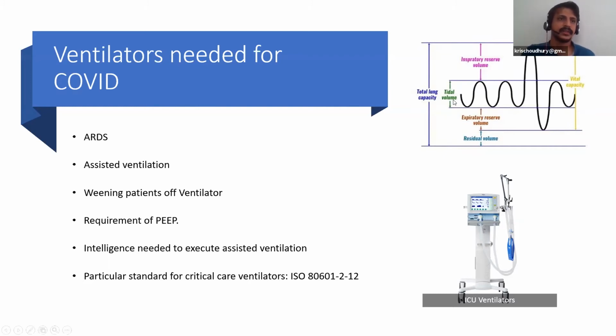So basically, then we go on to the tidal volume, right? This is something that you'll hear a lot of ventilator manufacturers and designers always talk about. Tidal volume is the volume per breath that a ventilator can give to a patient. And this tidal volume is never the complete lung capacity, or even the total lung capacity minus the residual volume.